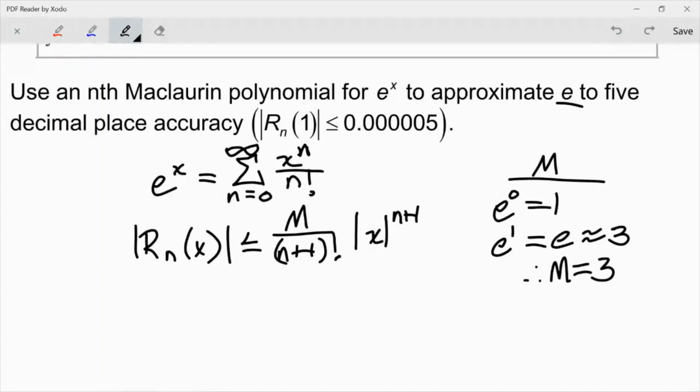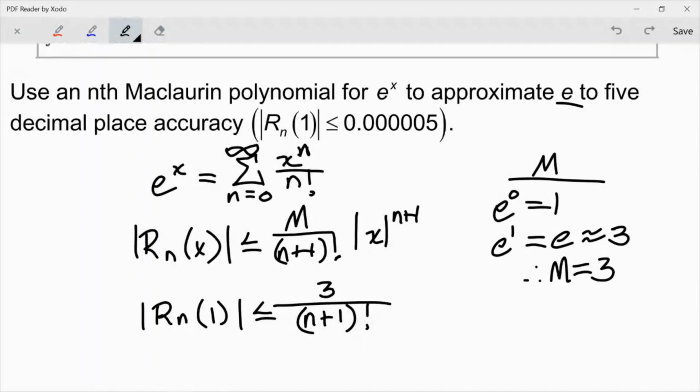Okay, so that means my remainder after n terms, evaluated at, in this case, 1, has to be less than or equal to 3 over n plus 1 factorial times 1 to the n plus 1 power.